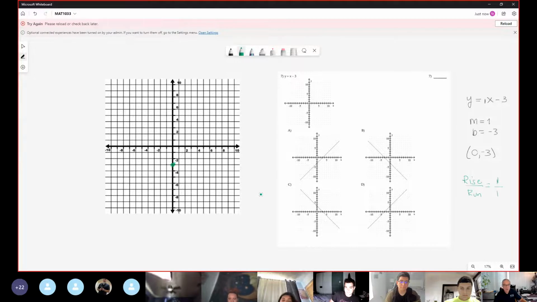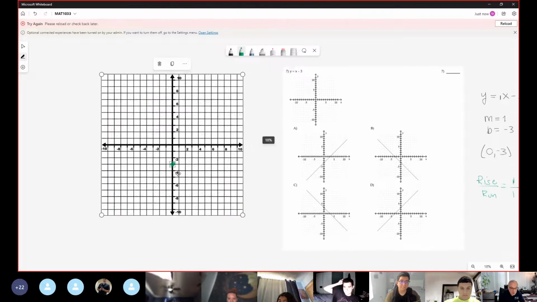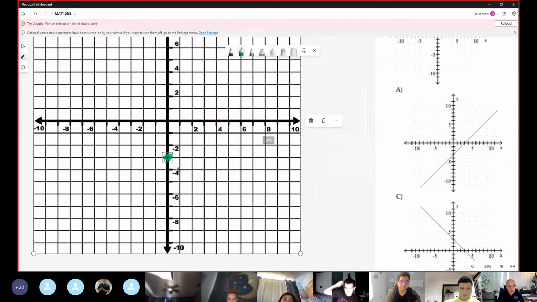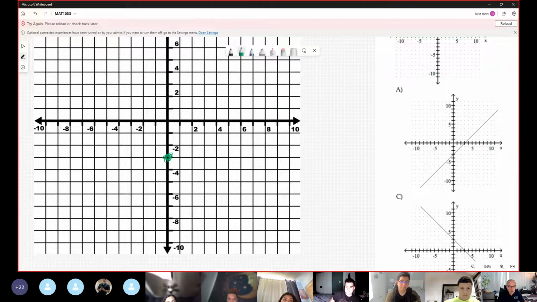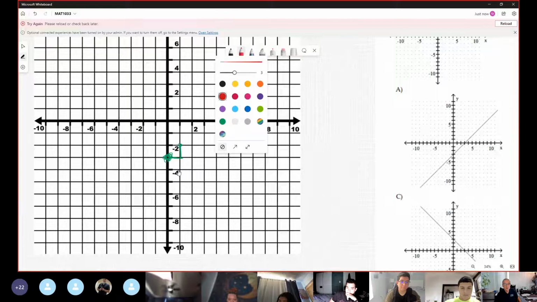Run is 1, rise is 1. From this point, I focus here. 1 to the right. Always run is positive. It's to the right, and in this case, rise is positive. It's here. Up. This green segment represents run and rise. Now ready to make a graph.